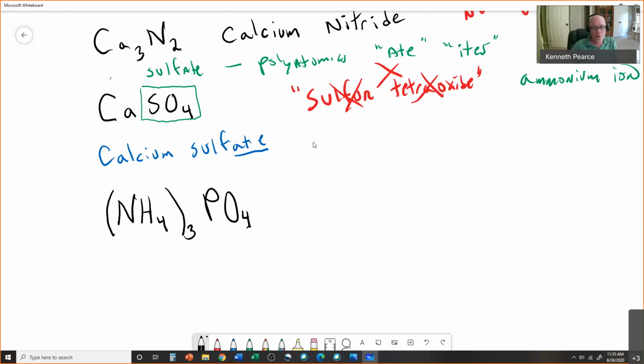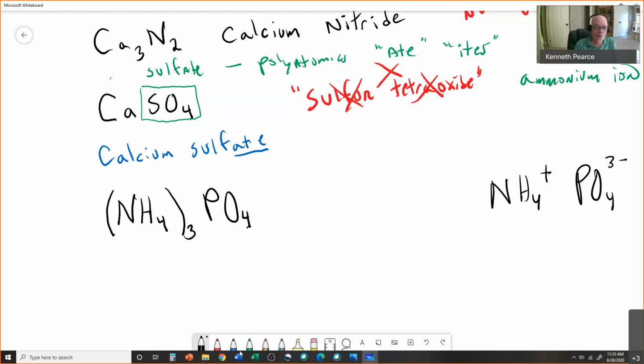This whole thing is two polyatomics, but ammonium is positively charged and it has a +1 charge. I'll just write that down over here for reference. And the phosphate has a 3- charge. That's where the 3 comes from. It's a polyatomic ion. If you have more than one, you have to put it in parentheses. And so you name what you have.